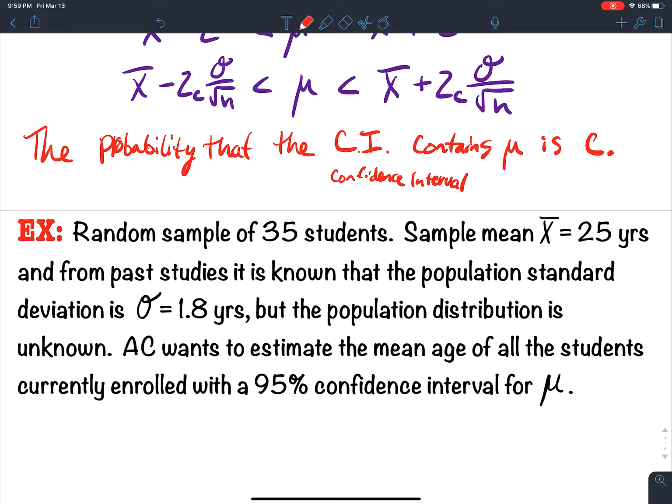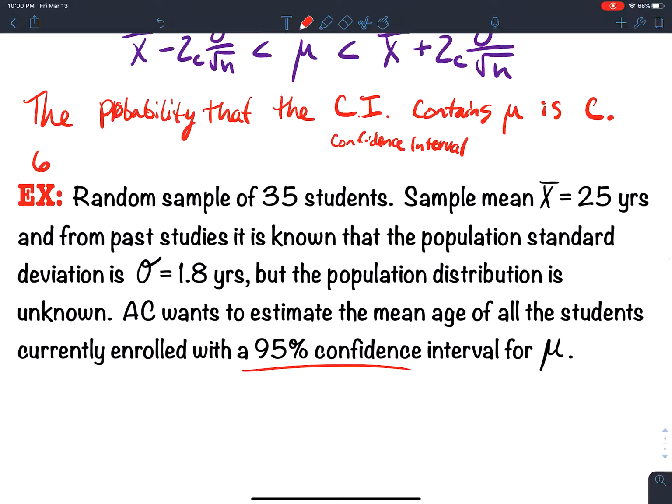AC wants to estimate the mean age of students currently enrolled with a 95% confidence interval for mu. Okay? So I'm going to work this one in another video. Be looking for a 6.1 video on how to work that problem out. If you get it, great. If you can't get it yourself, watch the video.